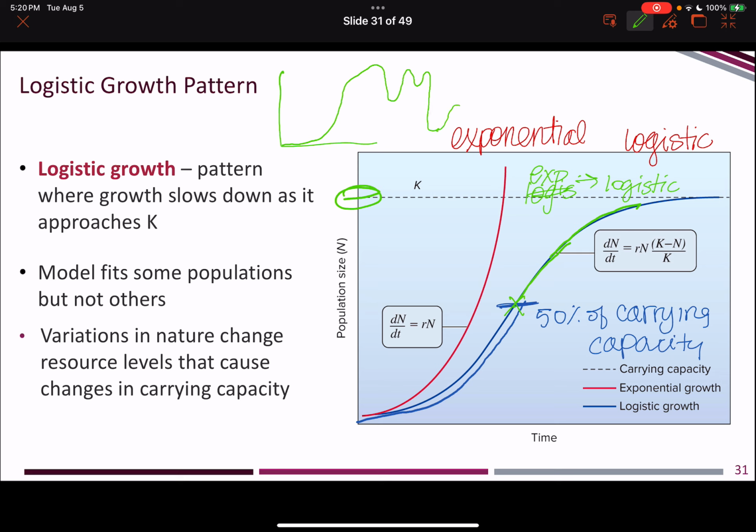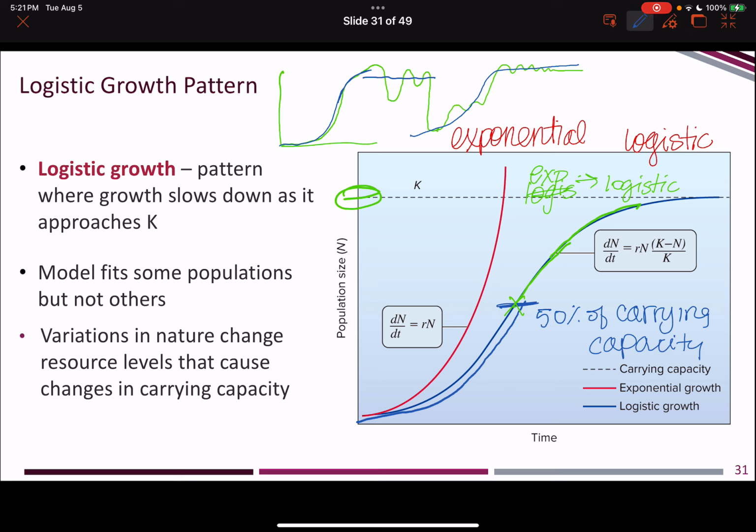And then maybe it grows slowly for a little while, and it increases, and then it sort of settles around that carrying capacity. So in a real population, we may not see this lovely S-curve. We might see a nice S-curve here, and then we've got some fluctuation here, and then a crash, and then maybe a slow growth fluctuating, and then eventually fluctuating around that carrying capacity.